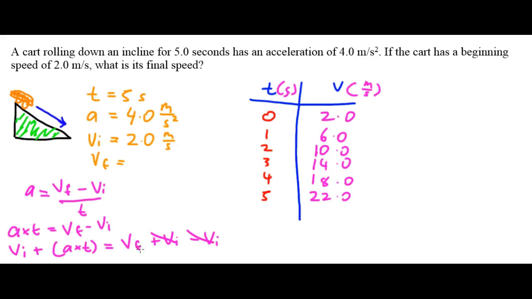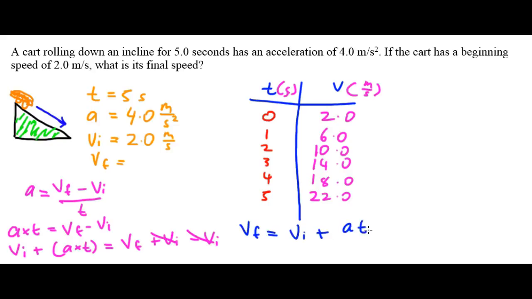So we would be finished with Vf equals Vi plus At. And this is actually the equation that we're going to be using. Final velocity equals initial velocity plus At.